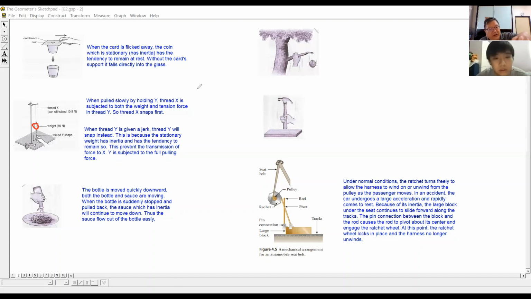Because this one has inertia, when you pull, you are actually fighting against the inertia of the 10 Newton weight. So as a result, the string Y will snap first. Okay.